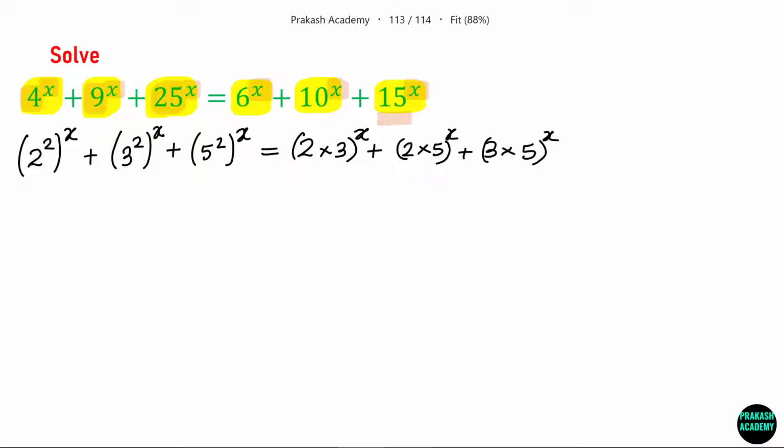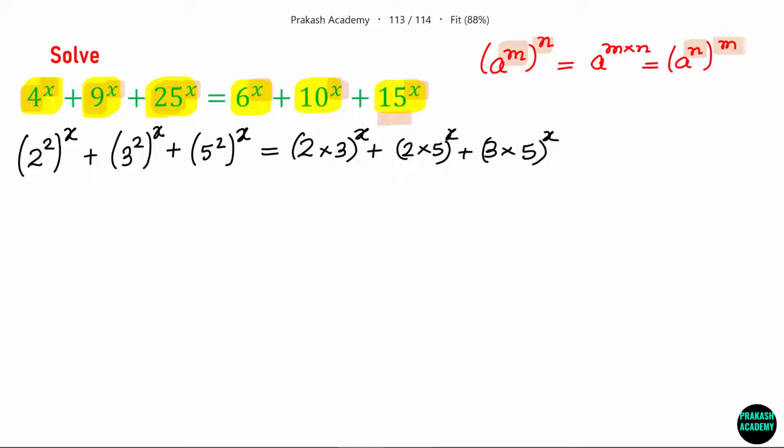If you remember, if we have something like a raised to the power m raised to the power n, this can be written as a raised to the power m into n. Or this can also be written as a raised to the power n, raised to the power m. This means the position of m and n got interchanged. Initially n was outside, now it is inside. m was inside, now it is outside.